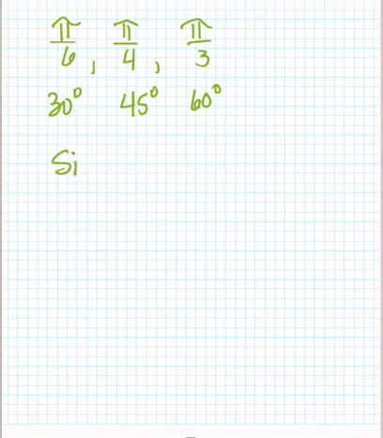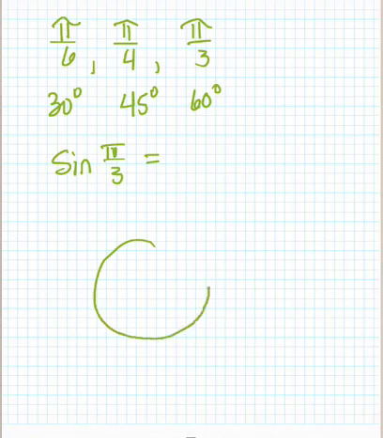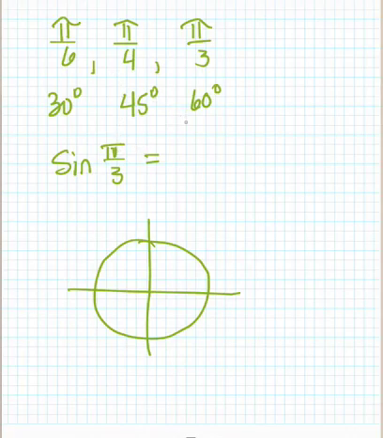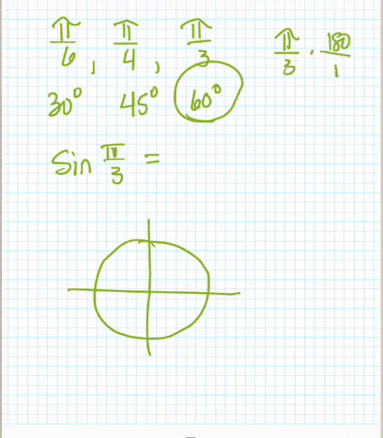All right, so the sine of pi thirds is going to equal, and once again, I'm just reasoning it out, because I don't like to memorize things, but you should have this memorized. Pi thirds is 60 degrees, because pi thirds times 180 over pi, the pis cancel, is 60.